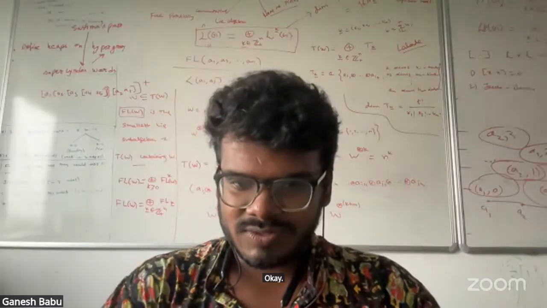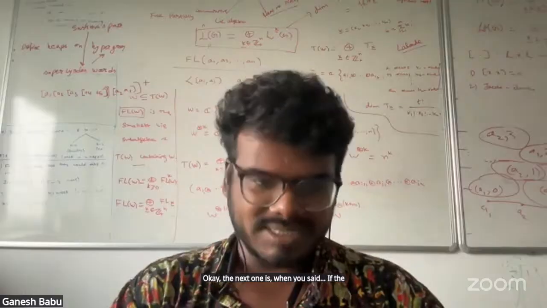The next one: when you said that if the number of squares is odd, like 3x7 or 3x9, it's not possible to get a closed Knight's Tour, is it possible to get a Knight's Tour on a 25x25 chessboard?